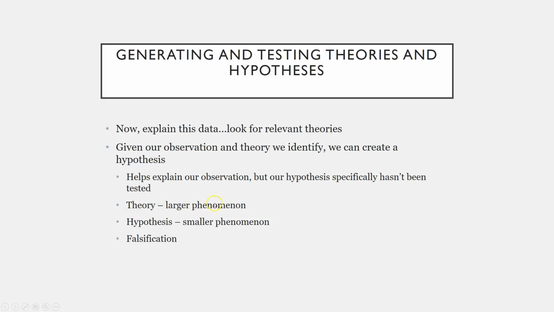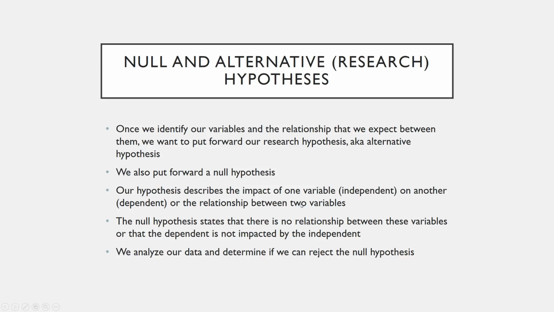There could be literature that talks about the relationship between happiness and income. We have stated a hypothesis, which, like I said, is a smaller level of that theory. And falsification, which you may or may not hear throughout this course, is the failure to prove our hypothesis. It's the failure to get what we thought we were going to get. So just keep in the back of your mind that we may run into that.